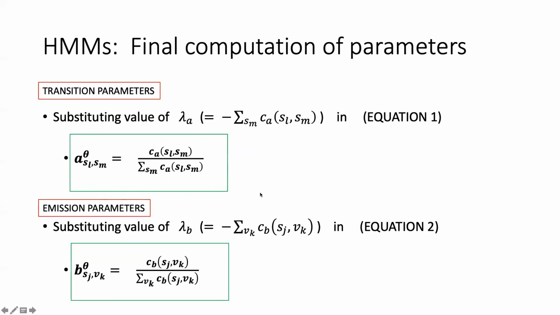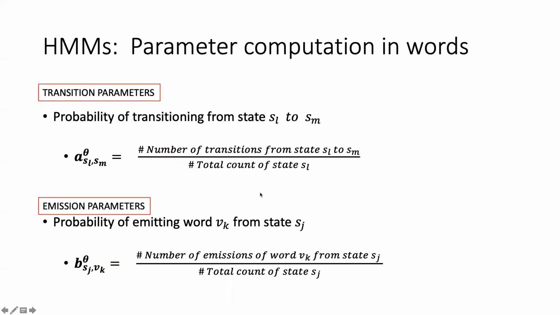Let's understand what this means in terms of words. The transition parameter A theta SL, SM indicates the number of transitions from state SL to SM divided by the total number of counts of state SL.